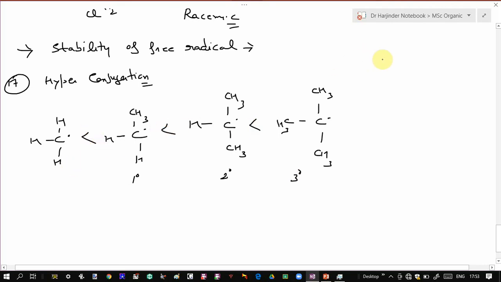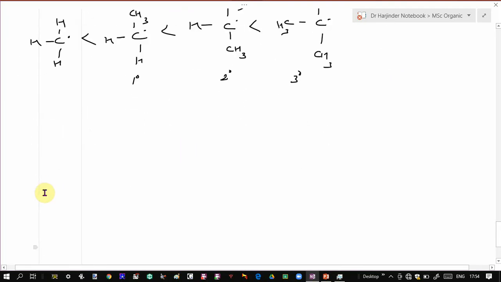Now in hyperconjugation, as you know, transfer of electrons from alpha carbon-hydrogen bonds takes place to the vacant or half-filled p atomic orbital, so to the pi bond. The more alpha carbon-hydrogen bonds, the more hyperconjugative structures, and the more the stability. And you have to draw these structures by yourself. For example, in this case there is no alpha carbon-hydrogen bond, so there is no hyperconjugative structure.